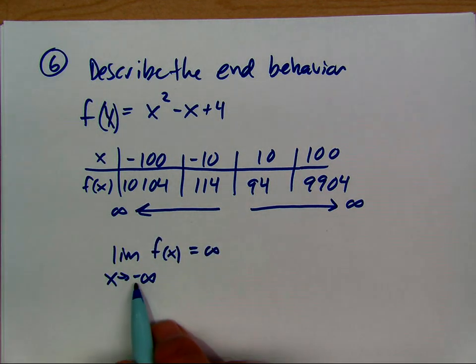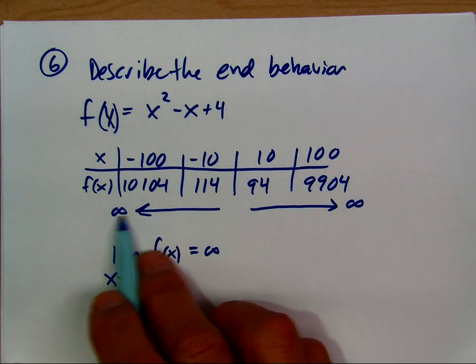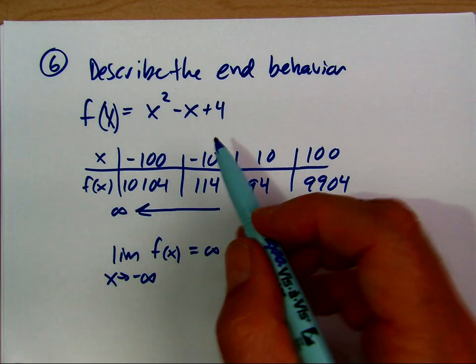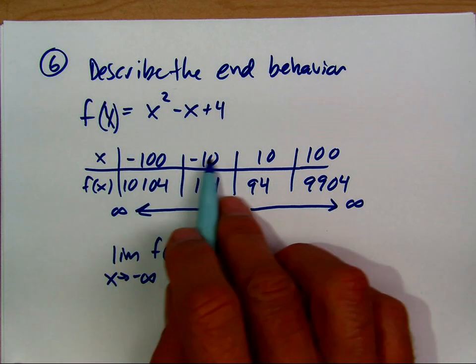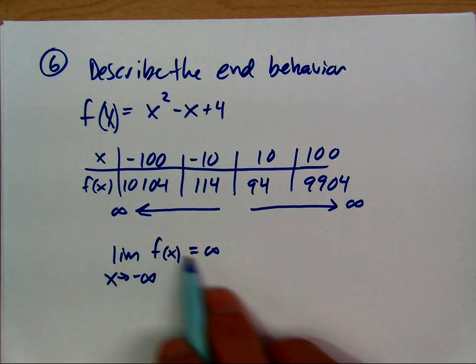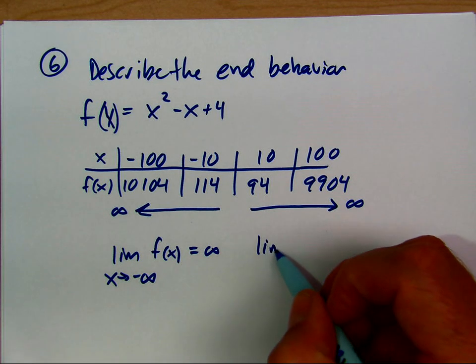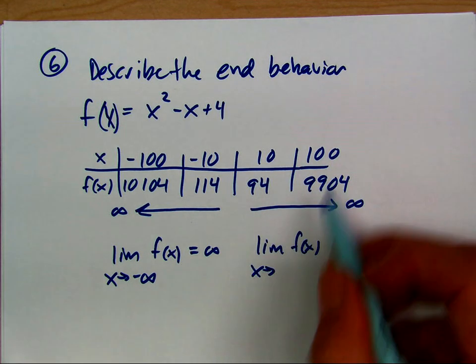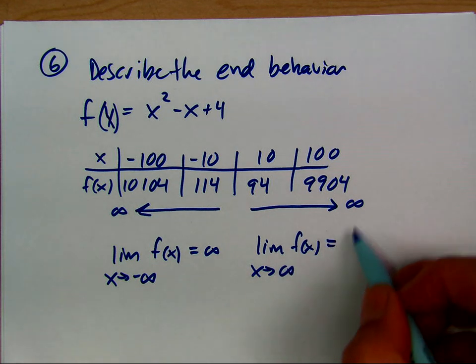This means left. That's why we have negative infinity. This is the y value, and that's what we put there. The limit as x goes to the right is positive infinity.